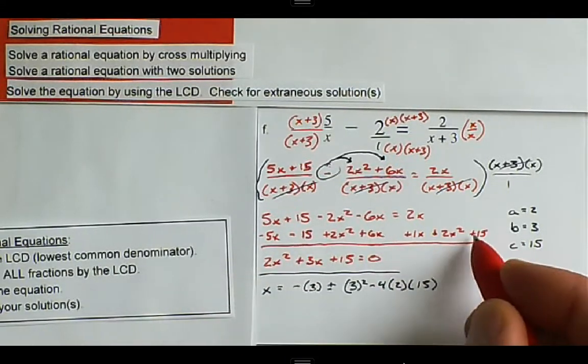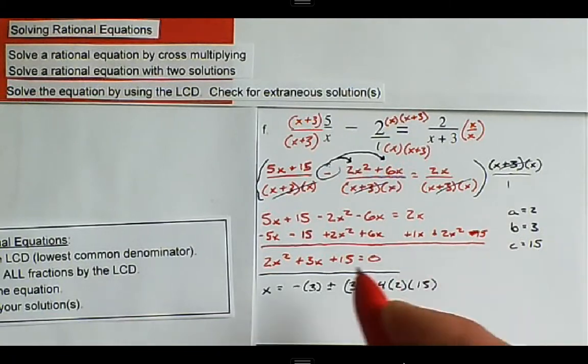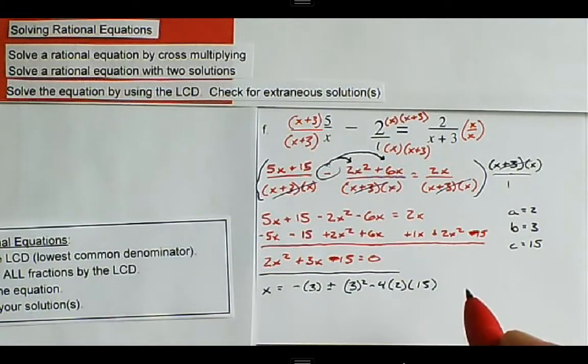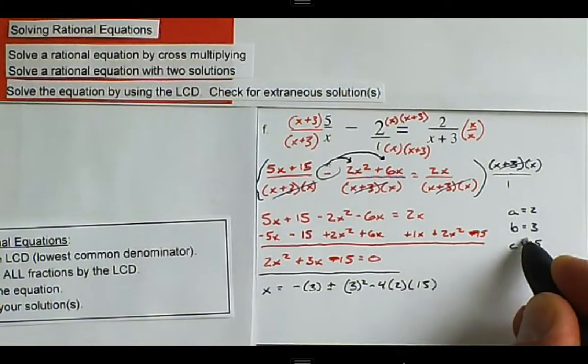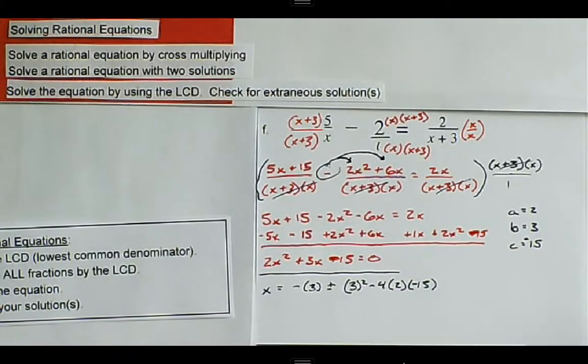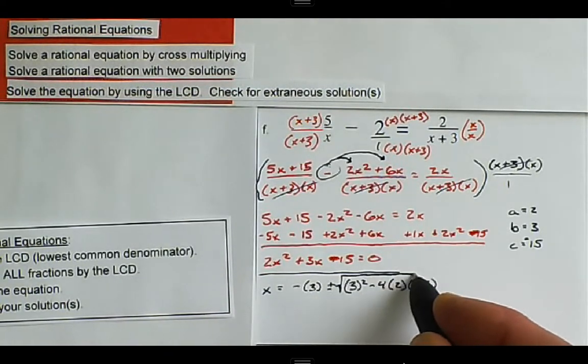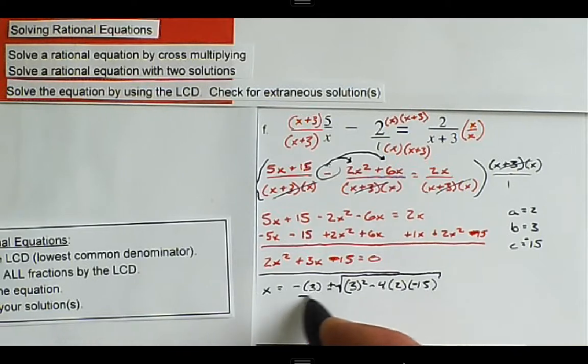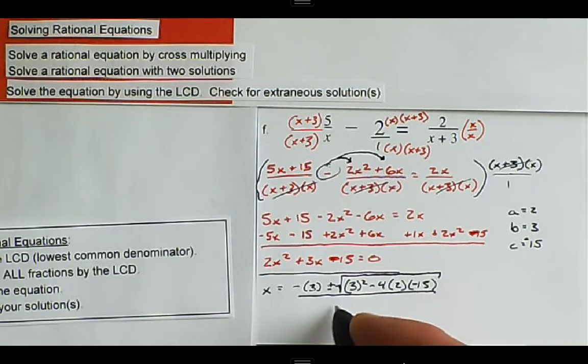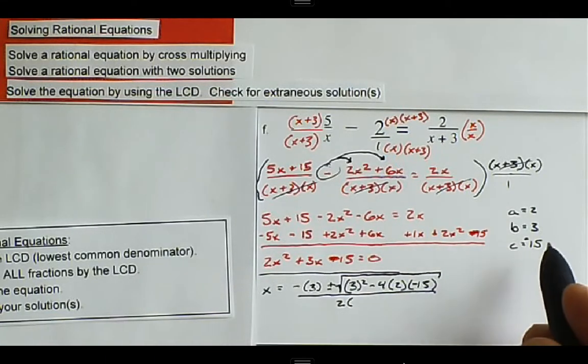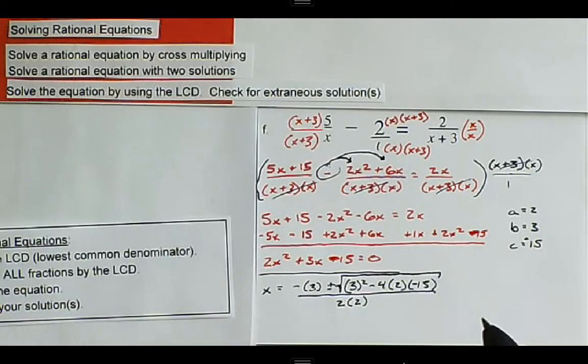Subtract 15, this should be a minus 15, and this should be minus 15. So the c should be minus 15. And we still have the square root, and all that is divided by 2 times a, which in this case is 2.